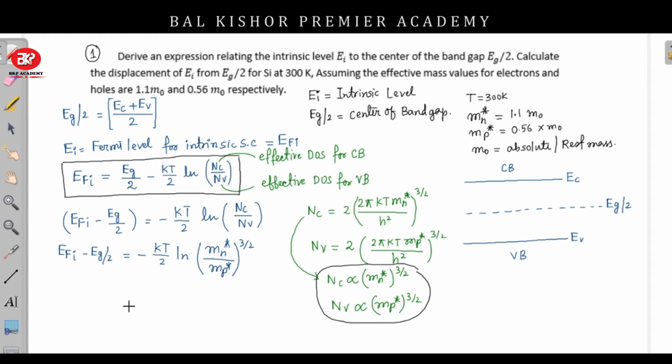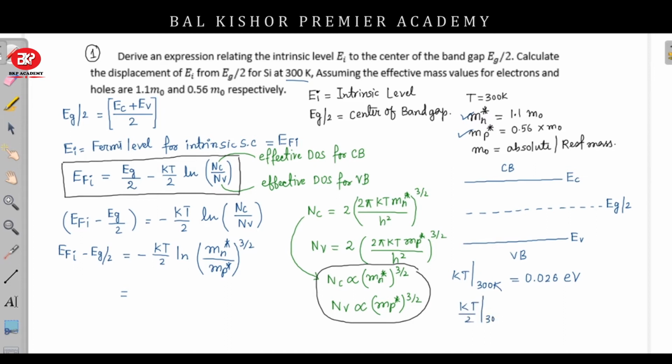Now Mn star is given, Mp star is given, so let us put the value of Mn star and Mp star, and KT by 2 value. Room temperature is given, so the value of KT at 300 K is equal to 0.026 electron volt. So KT by 2 का वैल्यू क्या होगा?